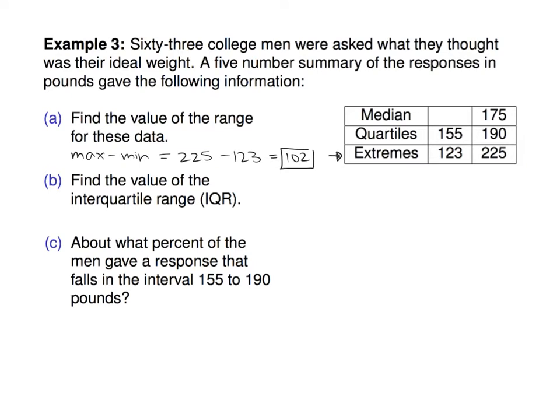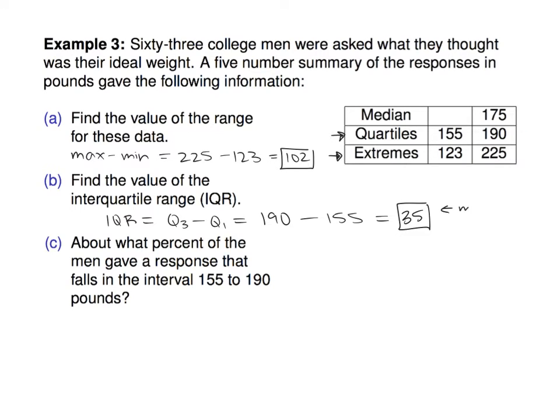Now the interquartile range is quartile 3 minus quartile 1. From this part of the table, we see that quartile 3 is 190 and quartile 1 is 155. So the spread between quartile 1 and quartile 3 is just 35 pounds.